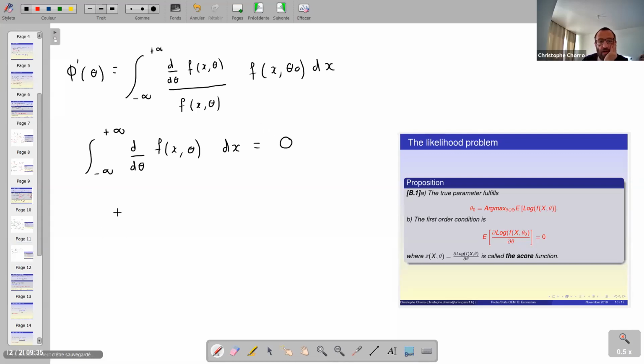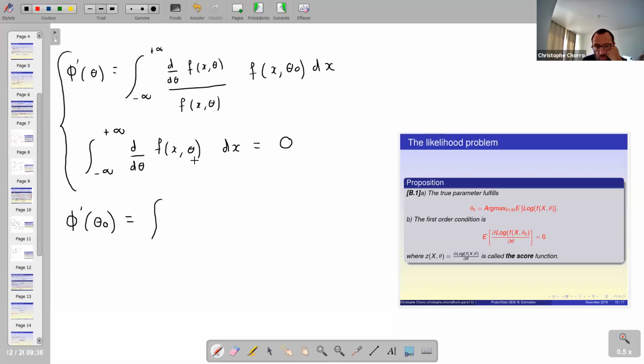So in particular, from what I have done previously, admitting that computing the derivative of an integral gives me the integral of the derivative, I compute phi prime at the point theta 0, the true parameter. So I plug theta 0 inside here, and I have a simplification between this one and this one.